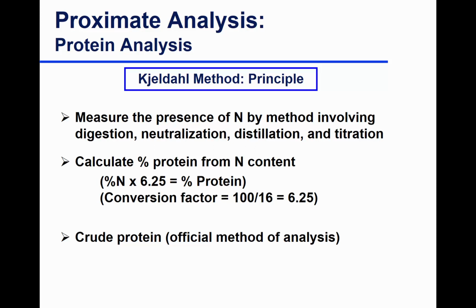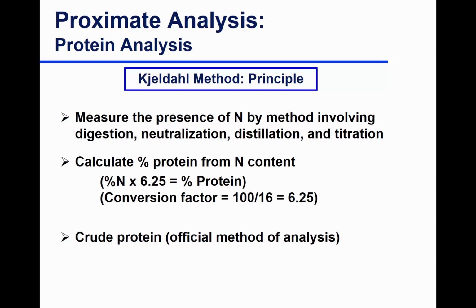So for example, wheat has a relatively high amount of basic amino acids. So for wheat products, the conversion factor is 5.6 or 5.8. Okay, so it's somewhere along these lines.